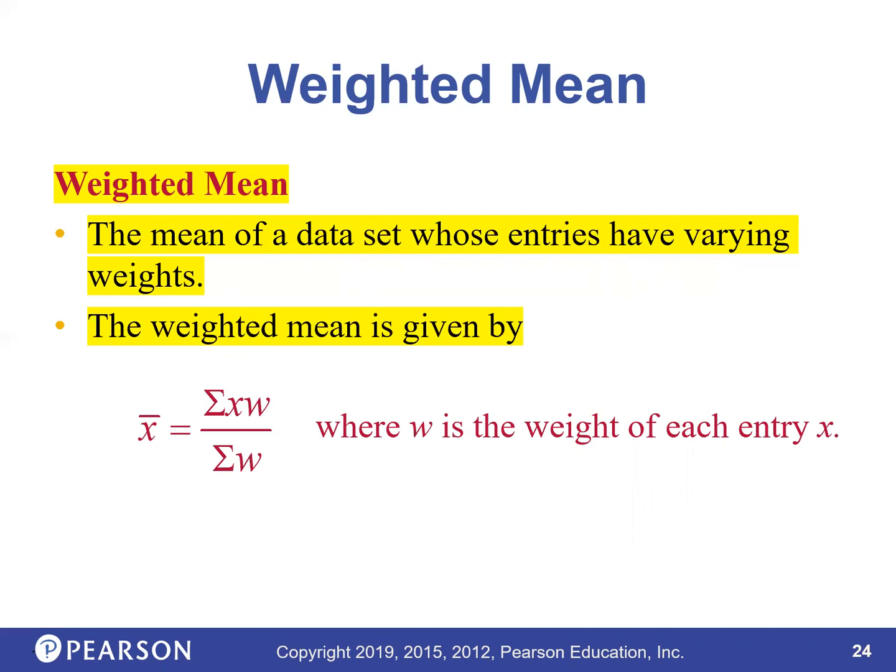And the w just means how much weight or how many points is given to a certain thing at each entry. Notice that there's an x bar over here, right? So we're doing the sample weighted mean. Yes, there's a formula for a population weighted mean, and that's fine too, but we're just doing a sample here.